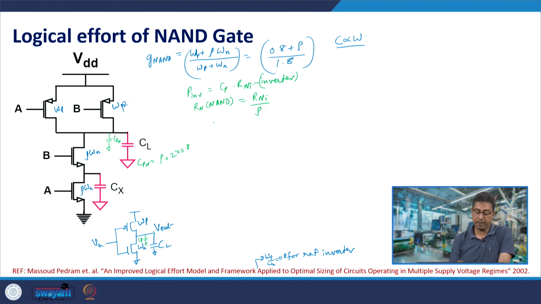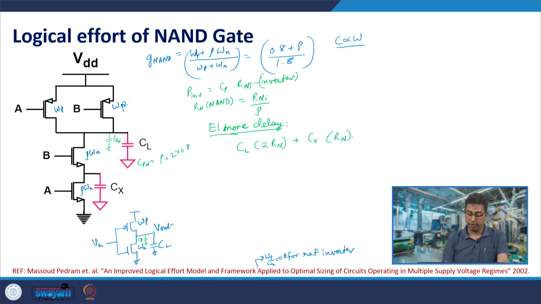So, what would be the parasitic delay? Let us use the Elmore delay here. The parasitic delay would be CL into 2Rn, because it has to discharge through transistors B and A, plus Cx into Rn, since Cx needs to get discharged only through transistor A. That is the way they have estimated the parasitic delay.